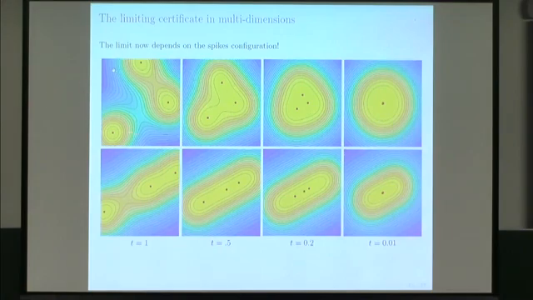This is the pre-certificate in the case of 3 spikes, and along here I'm showing it as the spikes converge to 0, in the case where they are all aligned along one axis. You see here that the limit is very different. Intuitively, this tells you that whether you have support stability and super-resolution is now going to depend on the node configuration, on how they converge to each other.